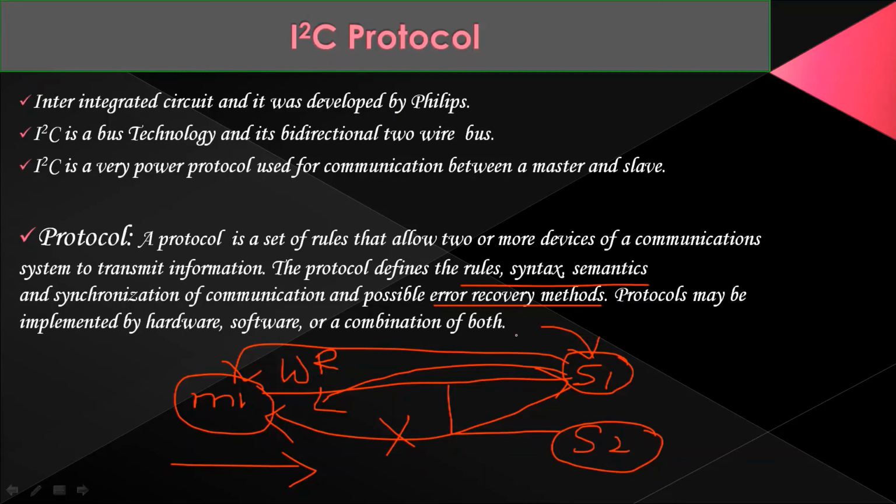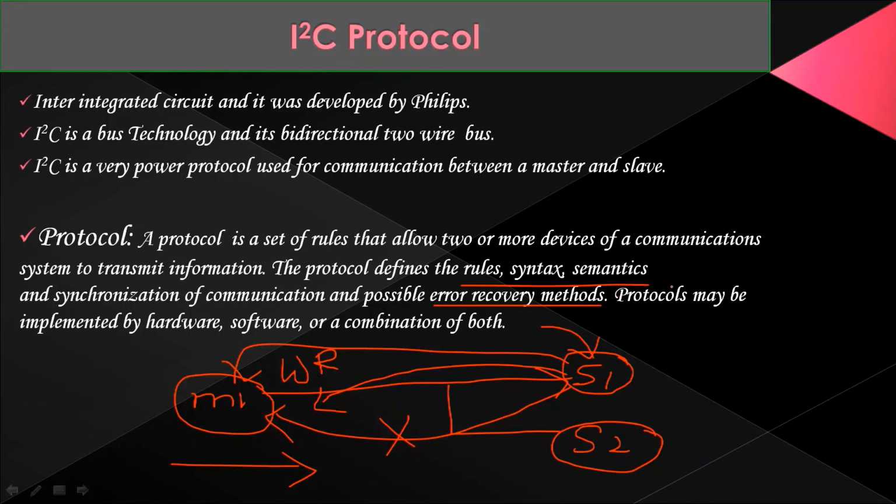So here the data was not received by the slave, then we should identify this and we need to ask the master to retransmit the data. Sometimes the data was sent but it was corrupted, then we need to identify that the data was corrupted and we have to retransfer the data again. So there are lots of things, so we need to follow certain rules.